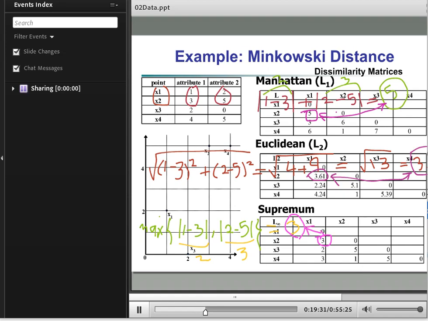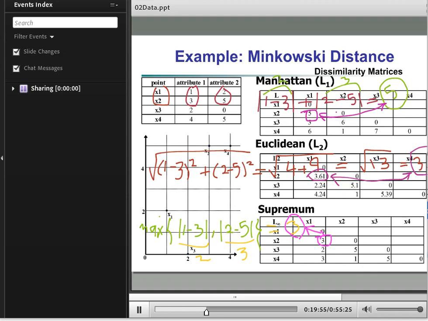I can see the differences. If I'm using Manhattan distance, the distance between x1 and x2 is 5. If I'm using Euclidean distance, the distance is 3.61, and if I'm using supremum distance, the distance is 3.